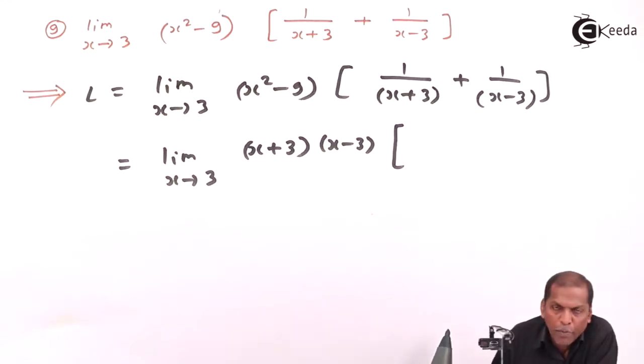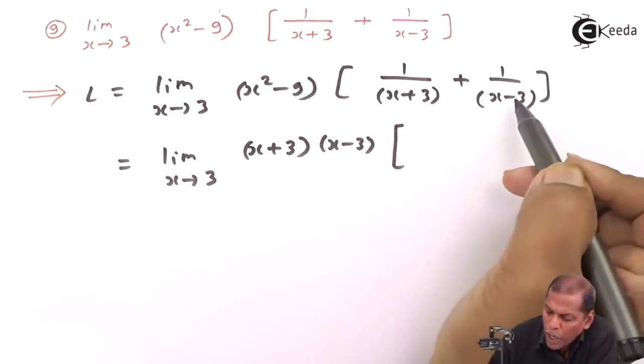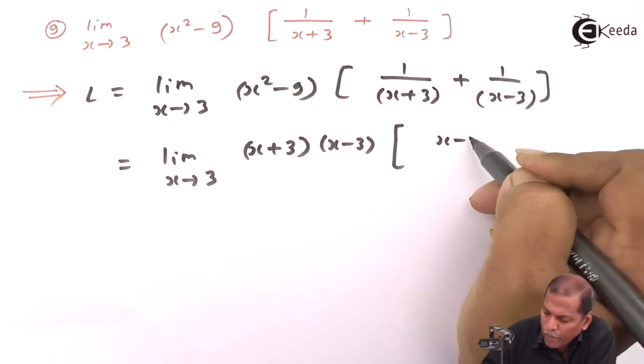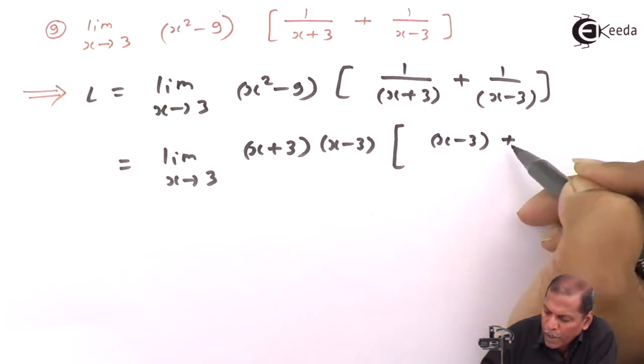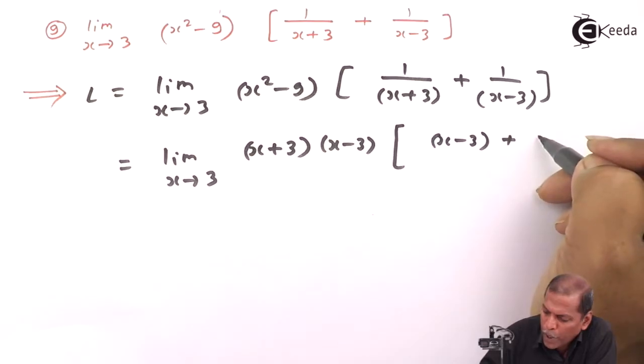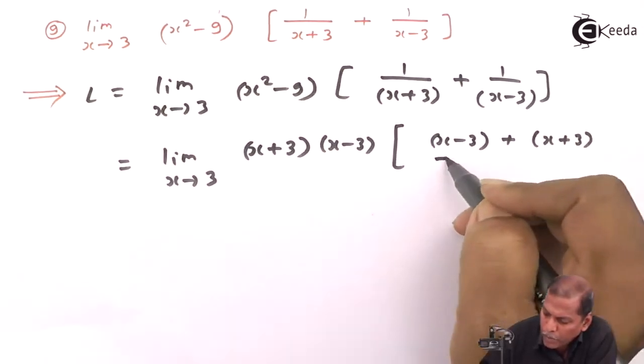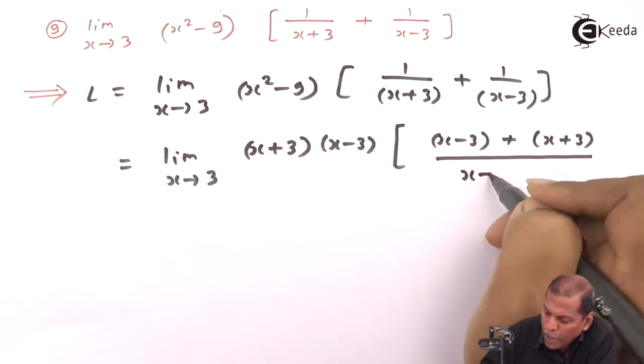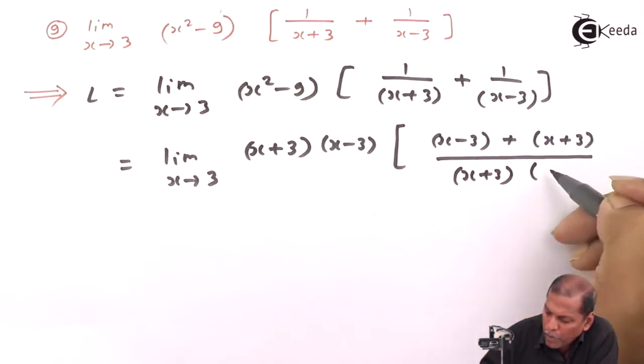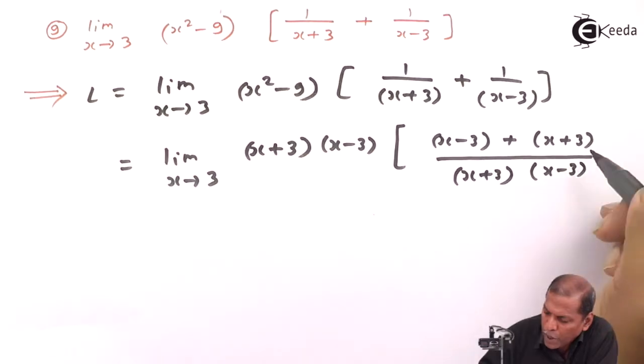So on cross multiplying we get 1 into (x minus 3), that is x minus 3, plus 1 into (x plus 3), again x plus 3, and then totally divide by (x plus 3) into (x minus 3).